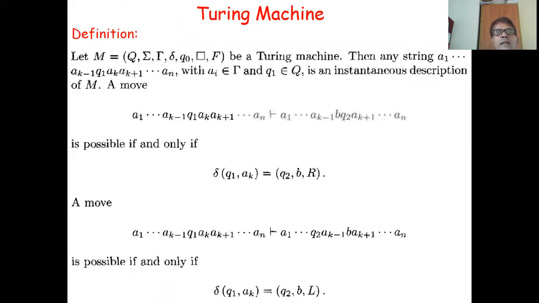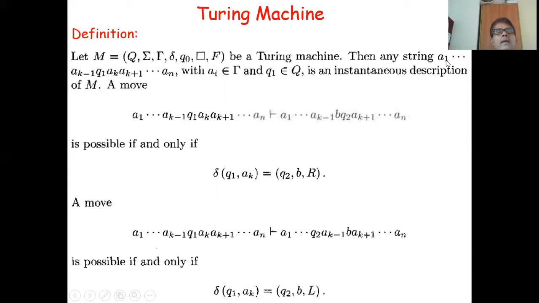So how do you define the instantaneous description of the Turing machine? Let M be the Turing machine (Q, sigma, tau, delta, Q0, blank symbol, F).